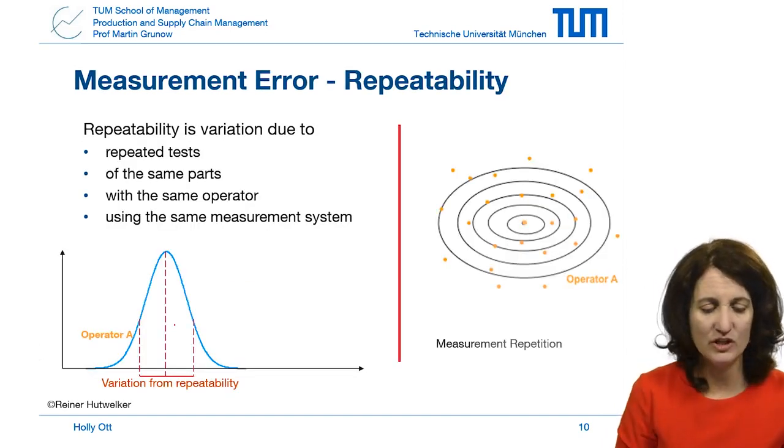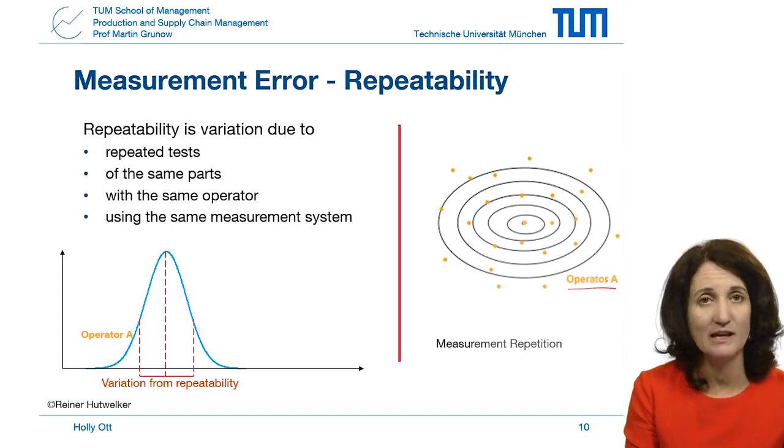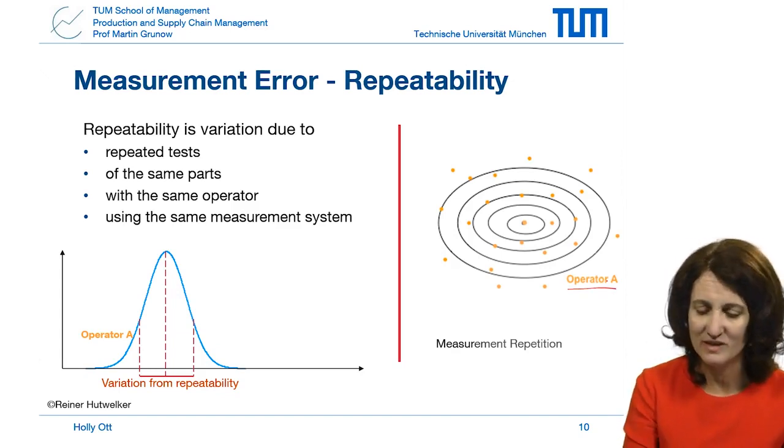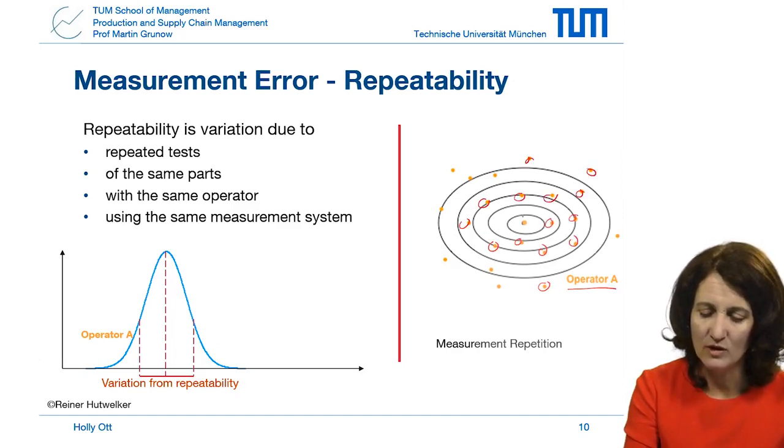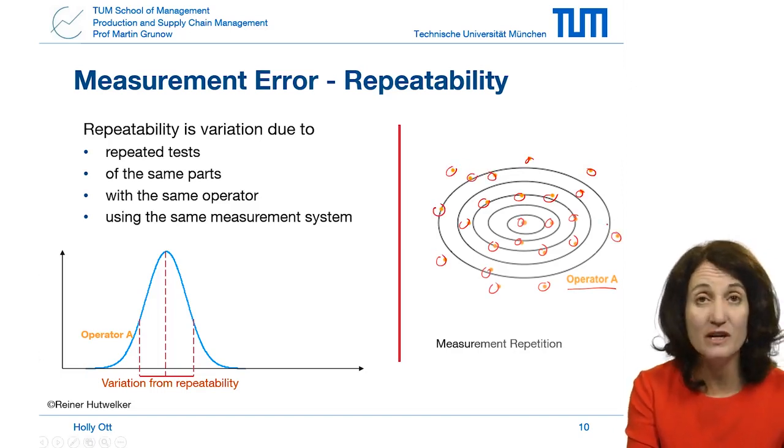Here we have some pictures. Here we have operator A taking the same unit, same measurements, same equipment, and he's all over the place. He gets a distribution of values, maybe all around some center mean, but they're never the same.